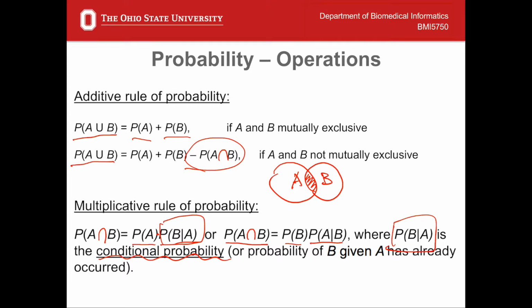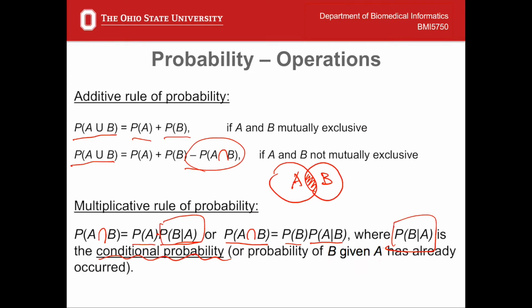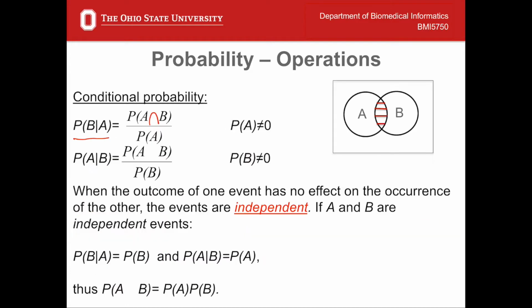We can also write it like this: P(B given A) equals the probability of A intersection with B divided by the probability of A. Actually, you can see that it is the same form of this. We just write the multiplicative rule in another format.